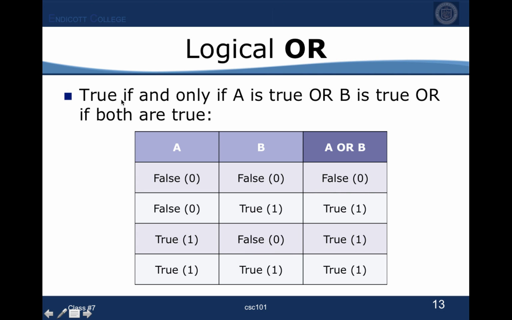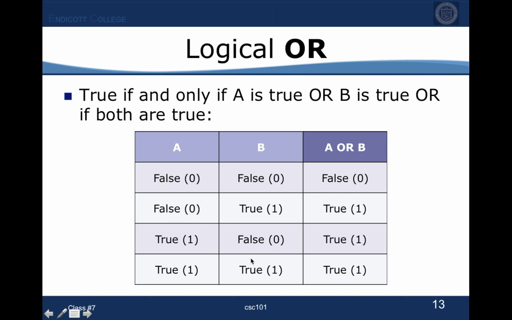Okay, so what's the truth table for the OR operator? Remember, this is true if A is true, or B is true, or both of them are true. So if you look down here now, if A and B are both false or turned off, then this is false. Then it's not true that A or B is true because they're both false.